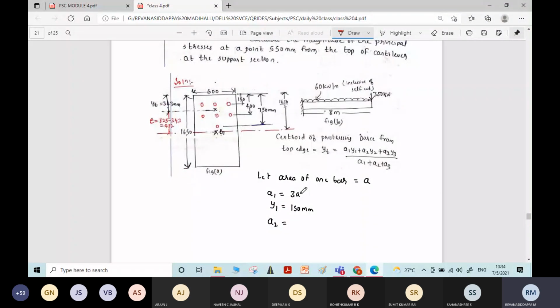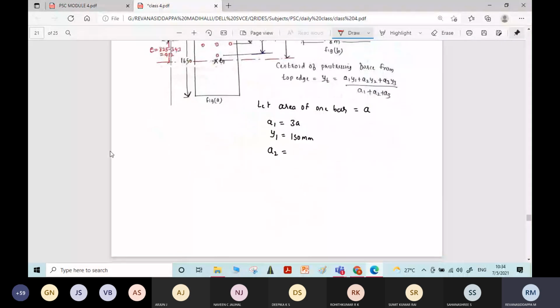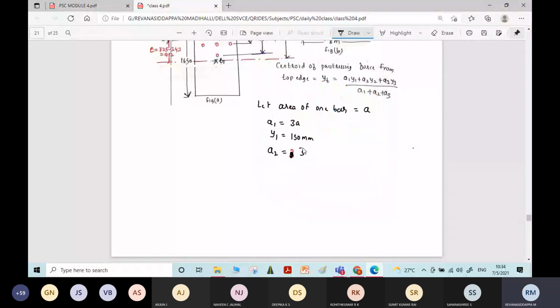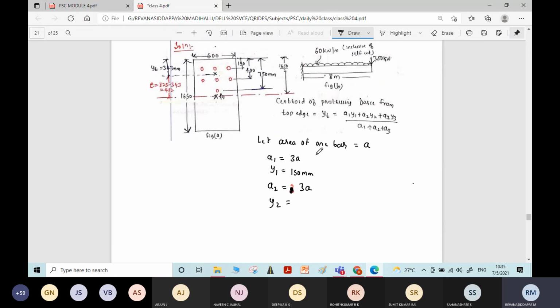And A2 equal to how much? The area of the second row of bars, A2 is equal to 3A. Y2 how much, tell me? 400.